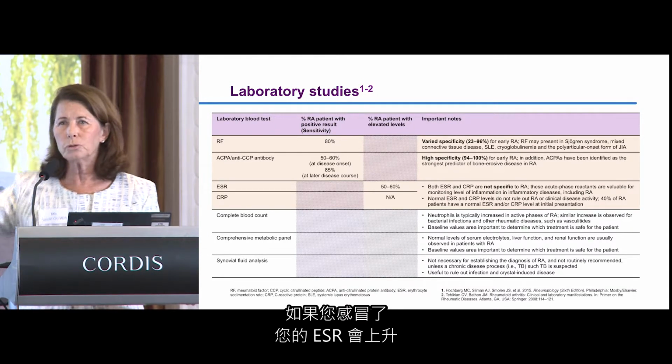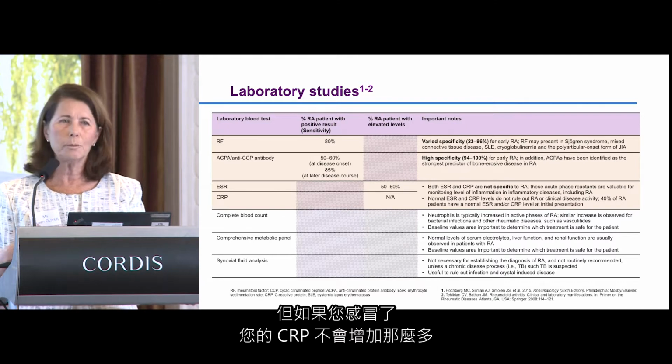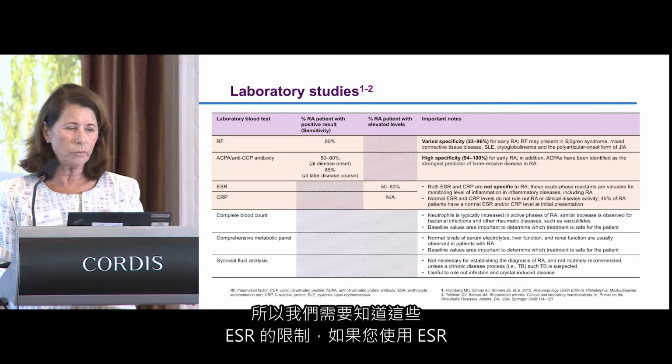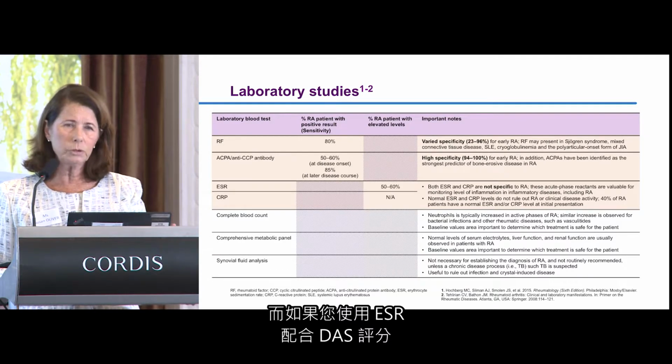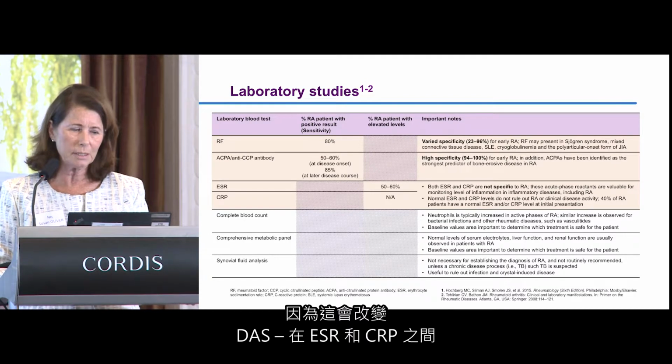So if you've had a cold, your ESR will be up, but if you've had a cold, your CRP won't be up quite so much. So we need to be aware of those limitations in ESR if we're using ESR. And if you're using ESR with a DAS score, you must always continue to use ESR because it will change between the ESR and the CRP.